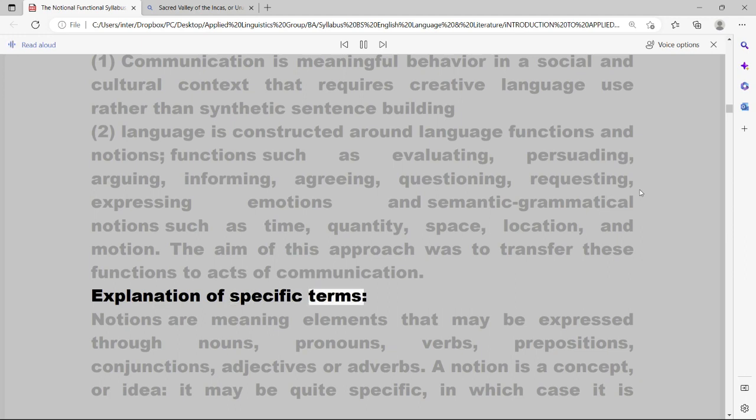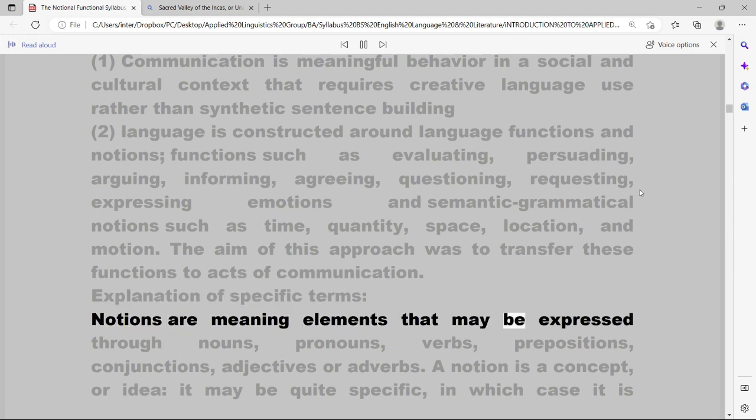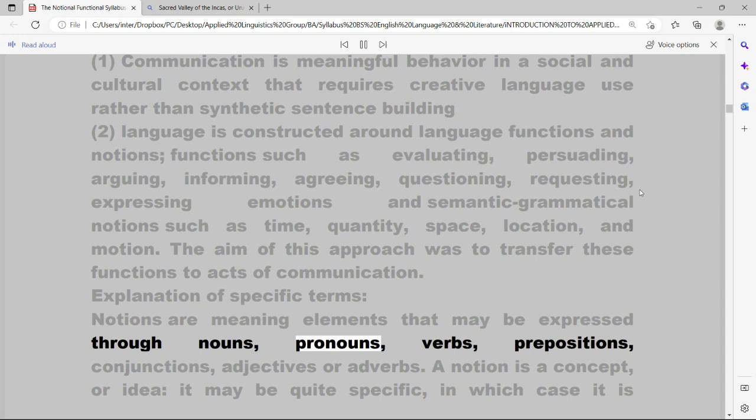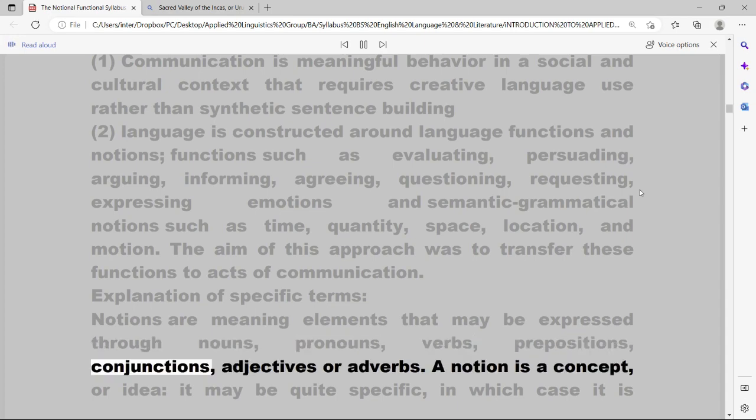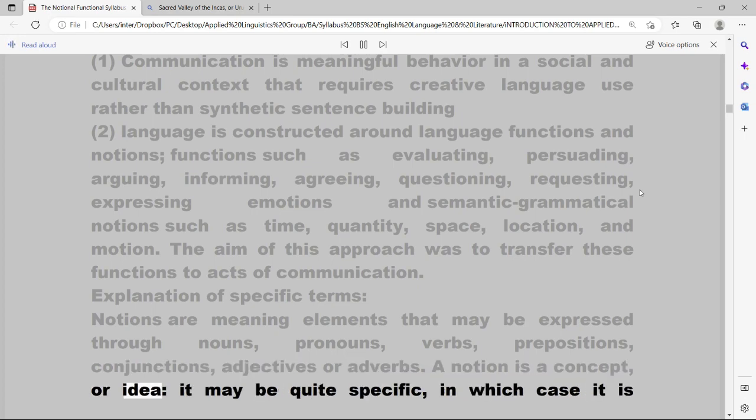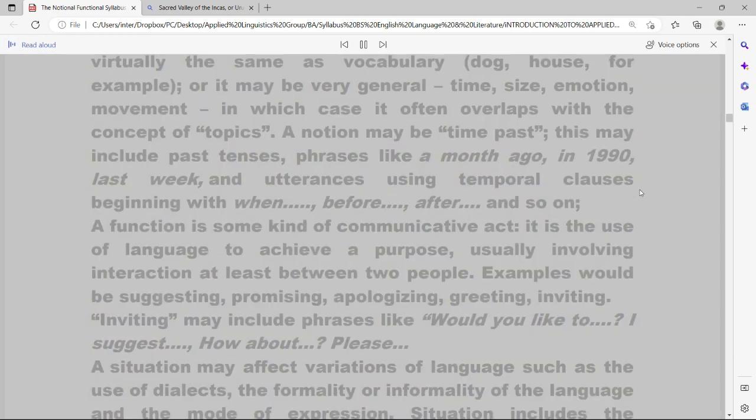Explanation of specific terms. Notions are meaning elements that may be expressed through nouns, pronouns, verbs, prepositions, conjunctions, adjectives, or adverbs. A notion is a concept or idea. It may be quite specific, in which case it is virtually the same as vocabulary, dog, house, for example, or it may be very general, time, size, emotion, movement, in which case it often overlaps with the concept of topics.